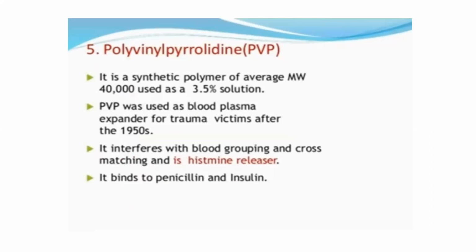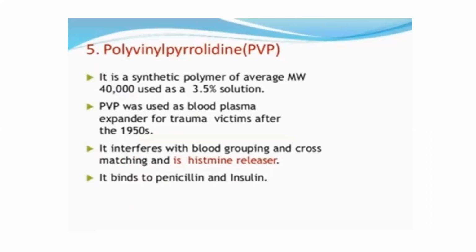Polyvinyl pyrrolidone (PVP). It is a synthetic polymer of average molecular weight 40,000, used as a 3.5% solution. Polyvinyl pyrrolidone was used as a blood plasma expander for trauma victims after 1950.